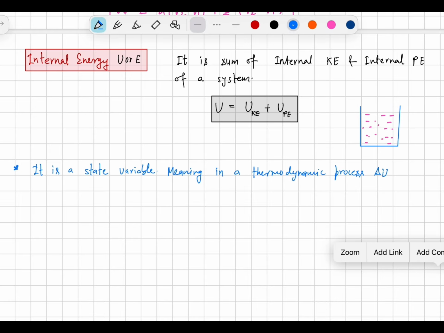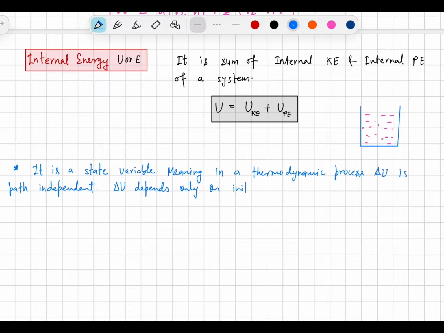So in a thermodynamic process, delta U is path independent. Delta U depends only on the initial and final states.